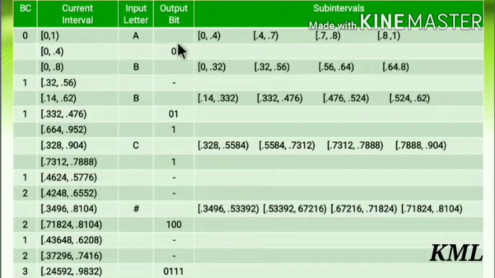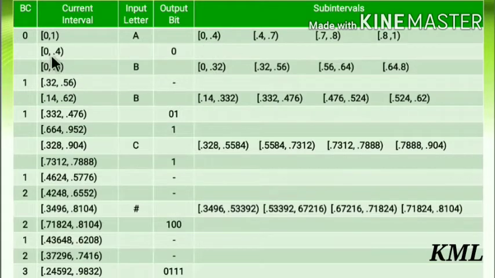Since A is at position 1, we take the first subinterval. Whatever the position, take that position's subinterval. So we take the first position, that is 0 to 0.4, as our next current interval.